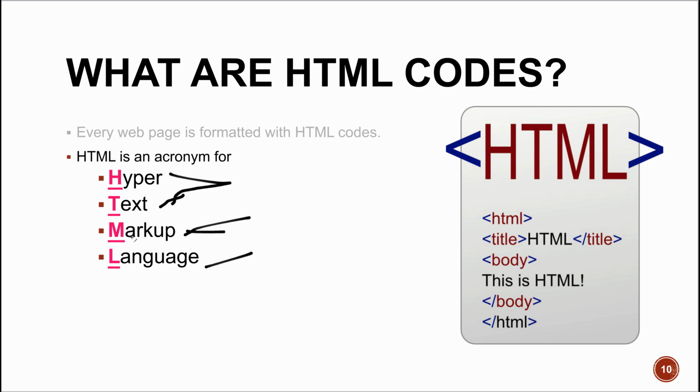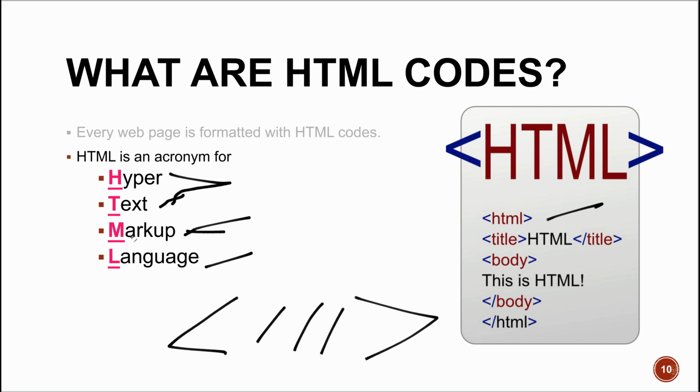Right, so for every tag, or rather for every code that you need to create, it must start with an HTML tag. Whenever you see these brackets, whatever you have within them is called a tag.